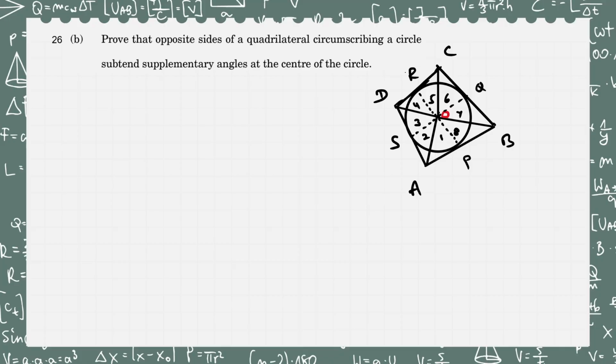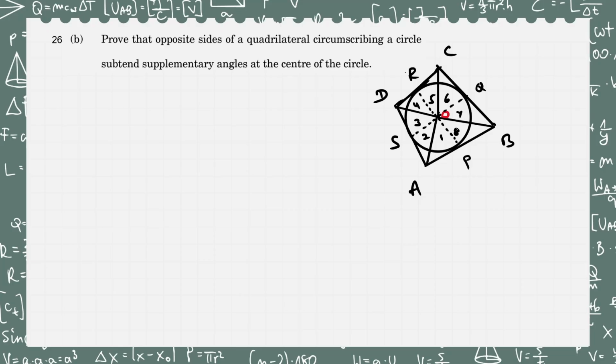And the quadrilateral is circumscribing the circle. So we drew the picture like this. And then the center of the circle we have called as O. And each vertex of the quadrilateral is connected with the center of the circle. So that's how this picture is drawn, and we have to do the construction here. Draw OP perpendicular to AB, OQ perpendicular to BC, OR perpendicular to CD, and OS perpendicular to AD.